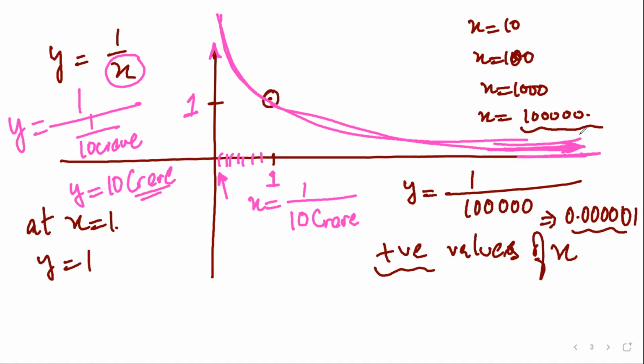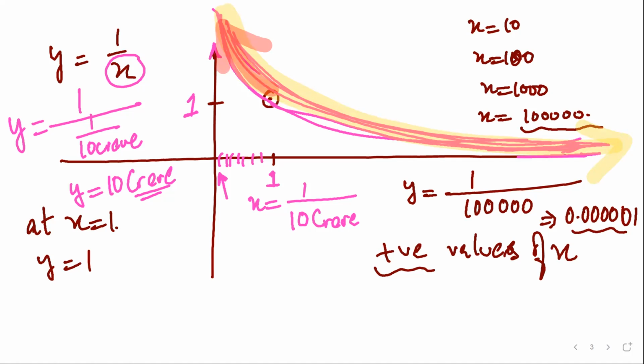Is it making sense? So this is what is called asymptotic behavior. On this side, it never is able to touch the x-axis, and on this side, again it is never able to touch the y-axis. Is it making sense?